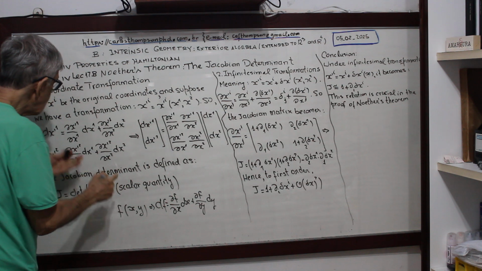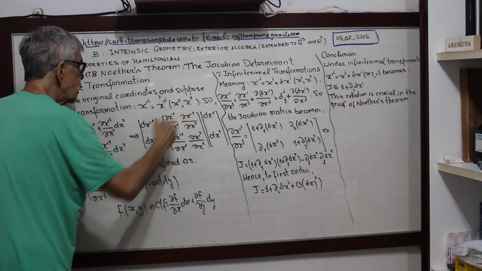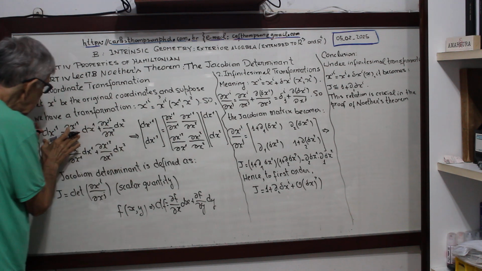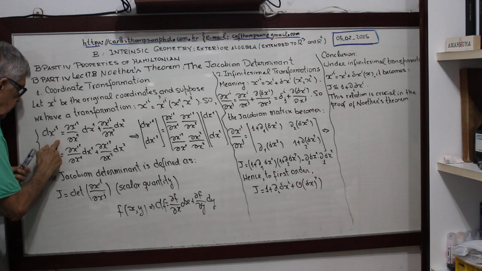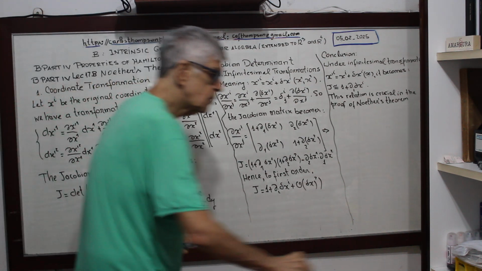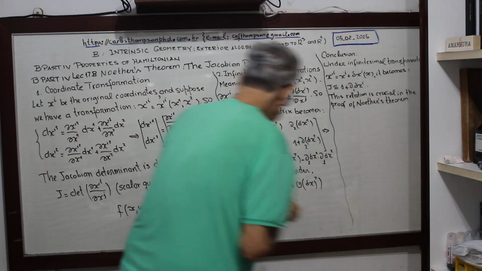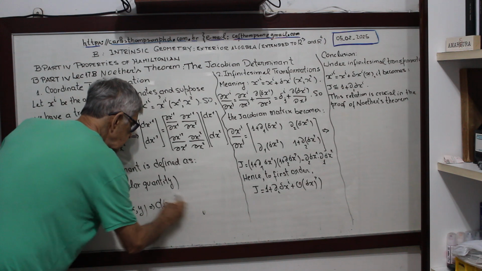Exactly here, this is a function f, and this is x1 and x2. You just expand this differential for each component x prime. So let's erase over here.